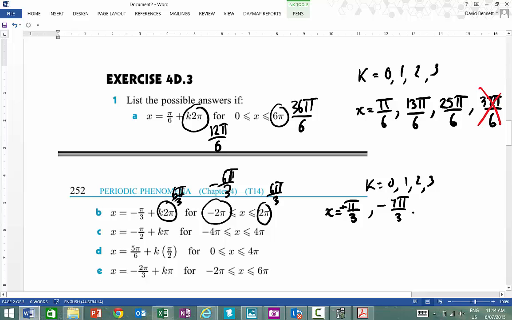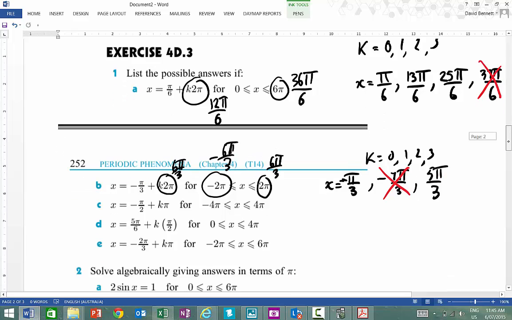That's not going to fit in there, so that's not going to be considered. If I'm adding now, negative pi on 3 plus 6 pi on 3 is going to give me 5 pi on 3. And that's actually inside our region, so that one is going to be considered, and these other values are not. So the two values I've got for there are negative pi on 3 and 5 pi on 3. They are the only values.